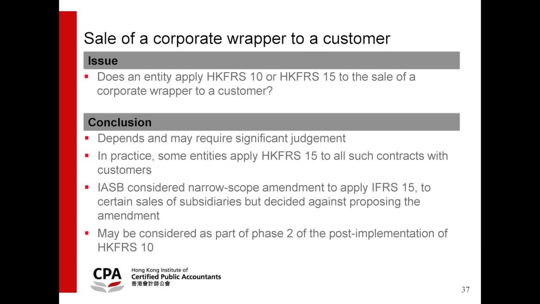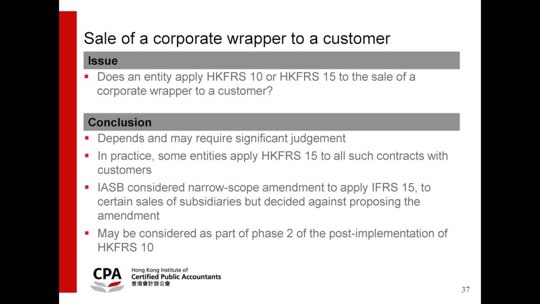The ISB actually considered to make a narrow scope amendment such that an entity would apply IFRS 15 instead of IFRS 10 in certain types of situations where the sale of the subsidiary only holds goods that the entity typically sells in the normal course of the business.